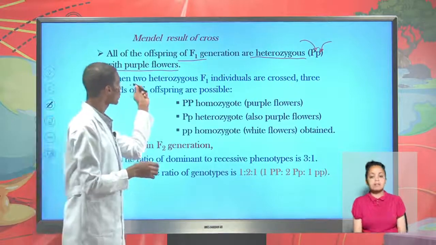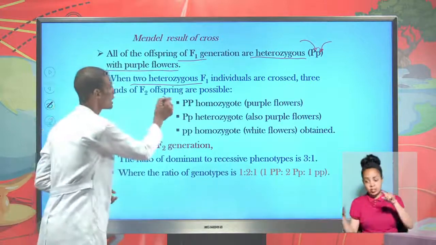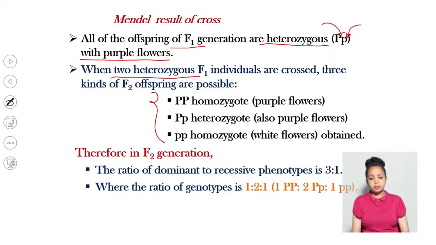When heterozygous F1 individuals are crossed together, always the same trait pattern is observed. Here, capital P capital P is a homozygous purple flower, capital P small p, which we call heterozygous, is also purple.